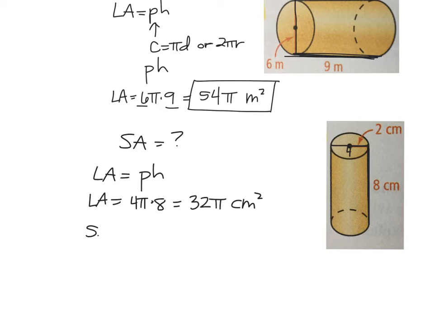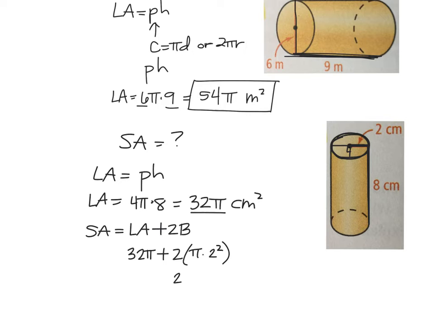We want surface area, so we're going to take the lateral area and add 2 times the area of the base to that. So that's going to be 32 pi, right? We got that from right here, plus 2, and then we just need the area of one base. So my base is a circle. The area of that circle, if my radius is 2, is pi times the radius squared.